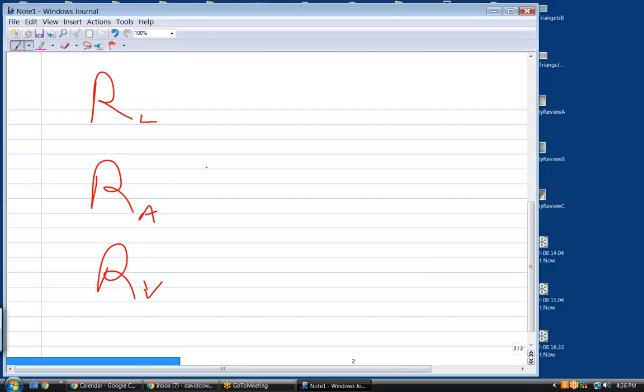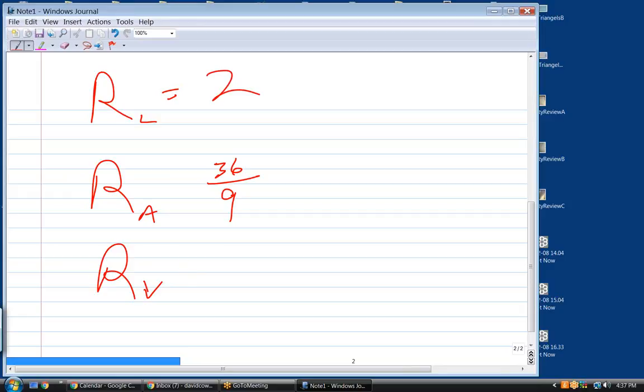In other words, if I give you an area ratio of 36 to 9, what's the linear ratio? 2. Correct. The square root of that.